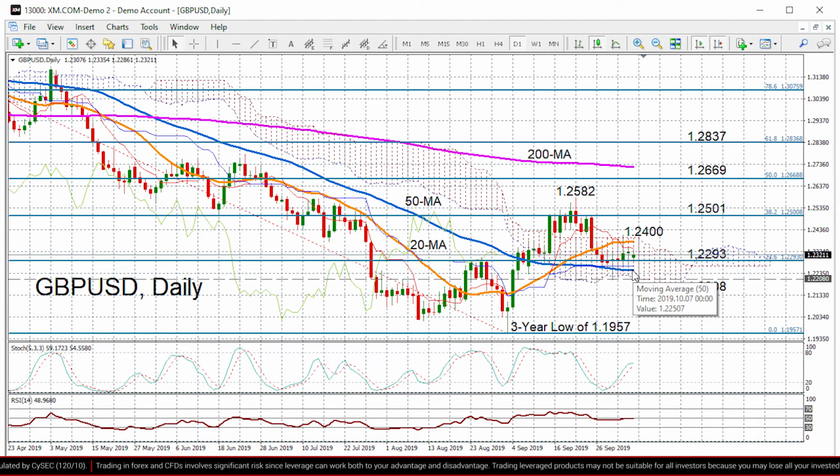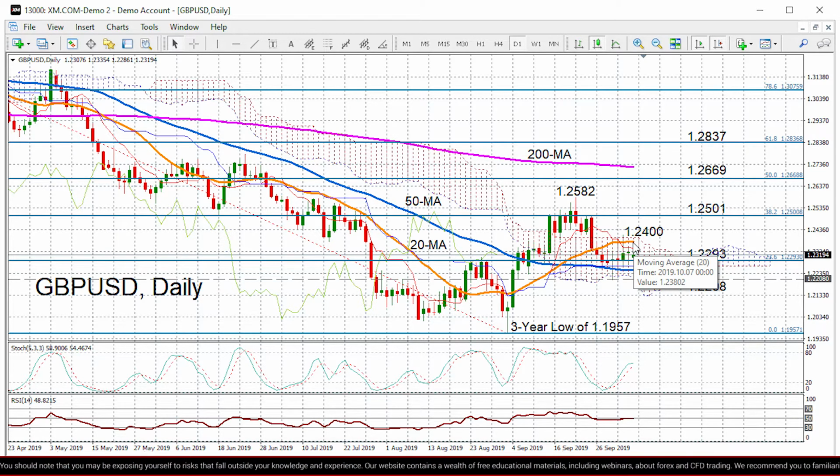We do have potential support at 1.2215 at the 50-day moving average. Below that, we've got the previously congested area of 1.2208, but if prices are unable to hold above those key levels, we could see that three-year low of 1.1957 becoming a realistic prospect once again.